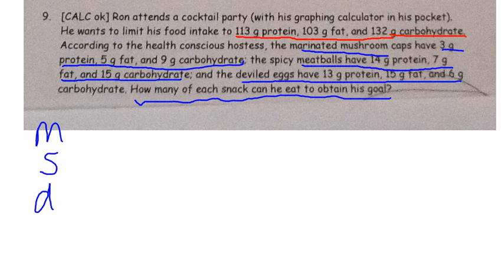So now what I'm going to do is look at the meatballs. I'm going to make a protein equation, fat equation, and a carb equation. So we'll go with the protein equation.